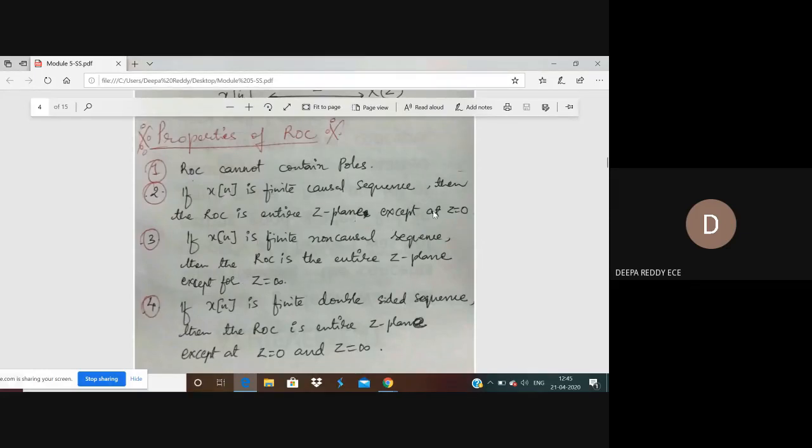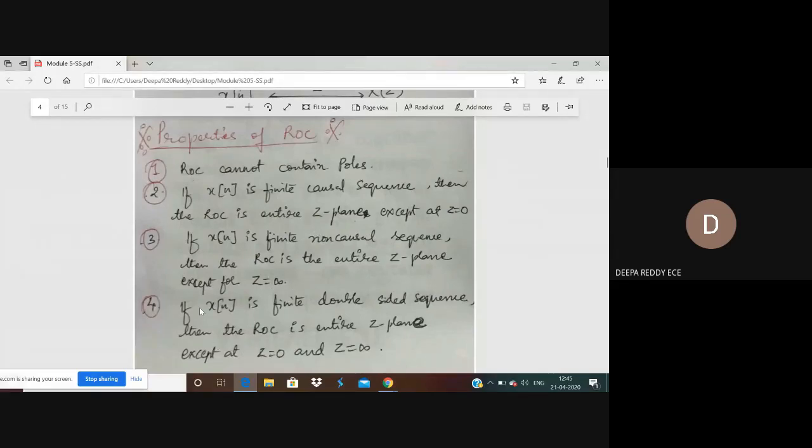Because at these points the Z transform will not exist. So ROC means the Z transform is converging everywhere in the Z plane except at Z equal to infinity. This is the meaning of these two sentences.